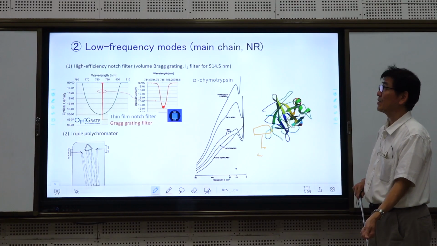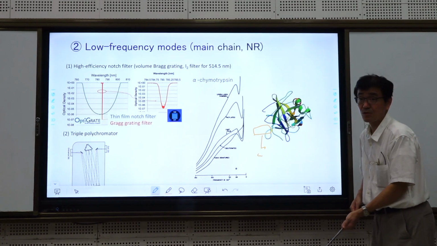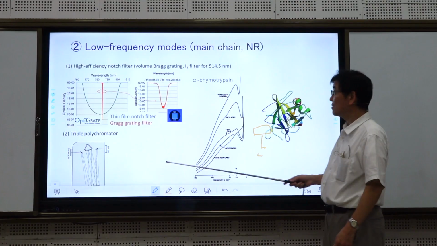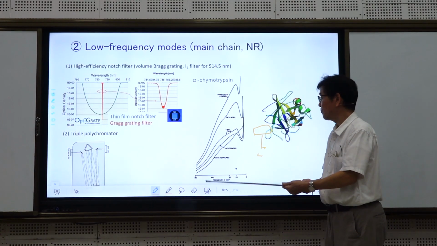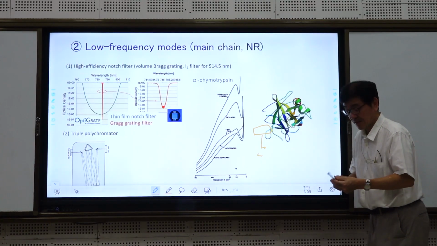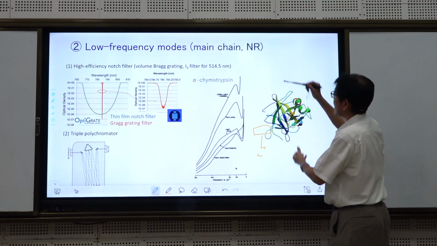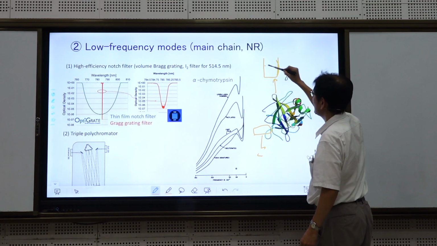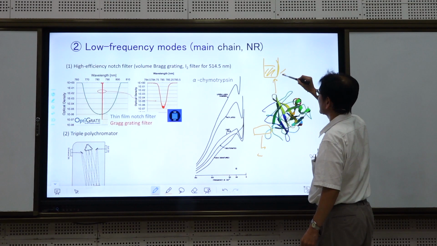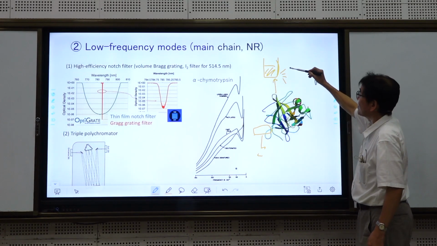One more piece of information obtained from Raman spectroscopy is from the low frequency mode. When we measure Raman scattering, we irradiate, here is a sample cell, we irradiate the laser beam to the sample and scattered light occurs.